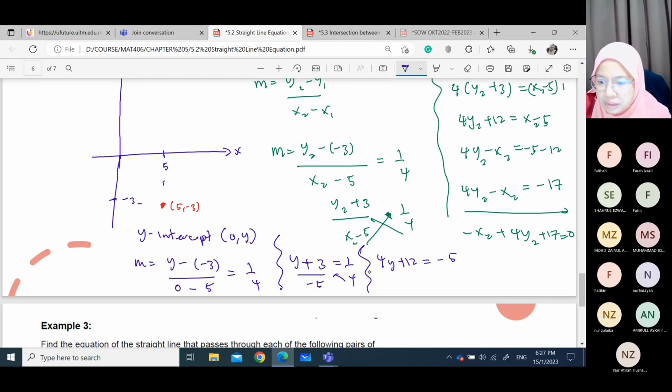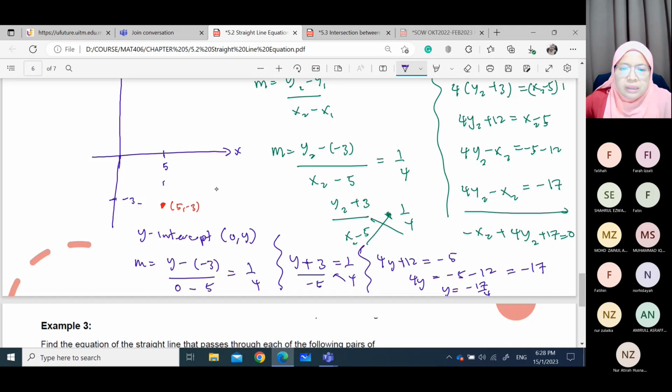So the equation is this one lah. Ini cari nilai y kat sini. So for y, equivalent with negative 5 minus 12, kat sini you akan dapat negative 17. Okay, so y equivalent with negative 17 over 4.